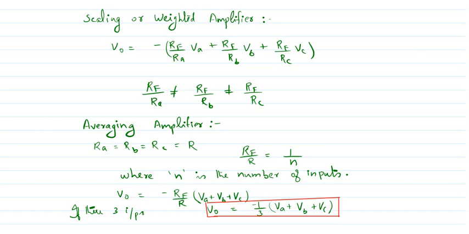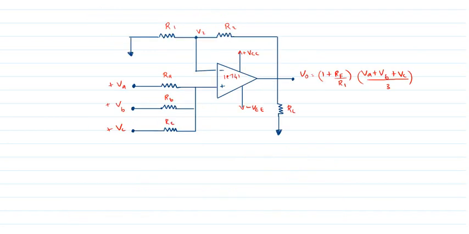Now we will discuss the non-inverting configuration. In the case of the non-inverting configuration, we are applying the 3 different inputs to the non-inverting terminal.